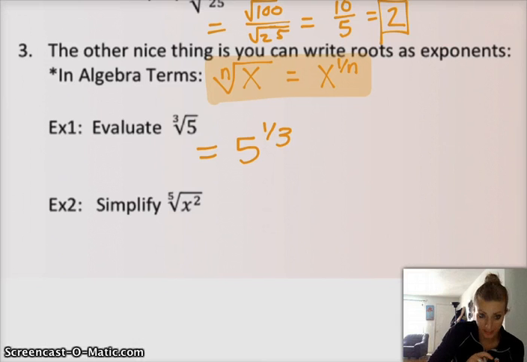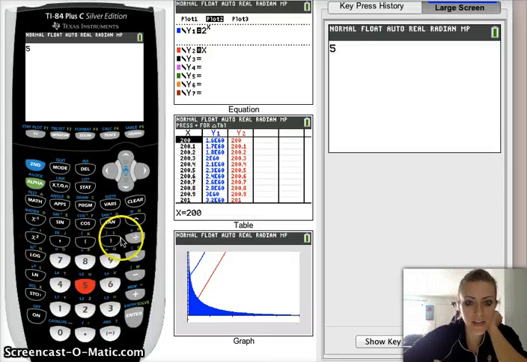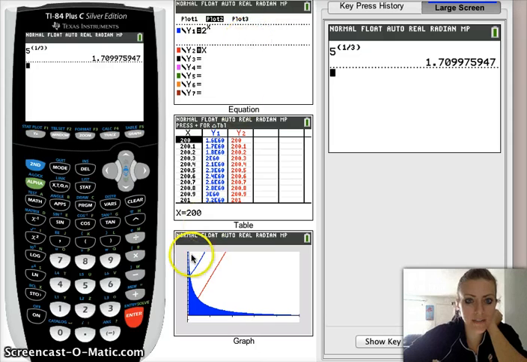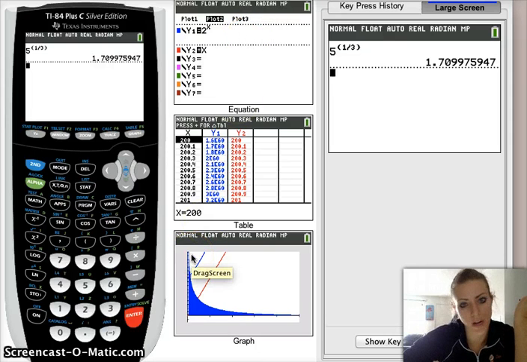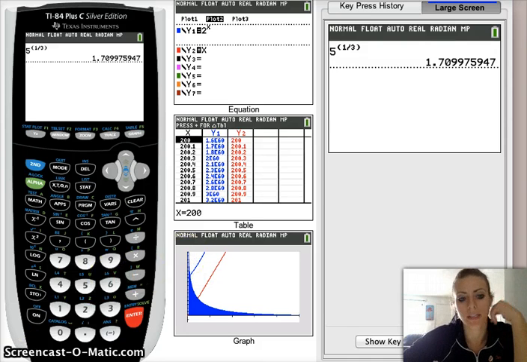So you can actually plug that into your calculator and get an answer. So 5 raised to the 1/3 power, I'm going to put it in parentheses just so I make sure that it stays in the exponent, is equal to 1.7099. So you'd round it according to whatever the problem tells you to do. So I'd write maybe 1.71 approximately.